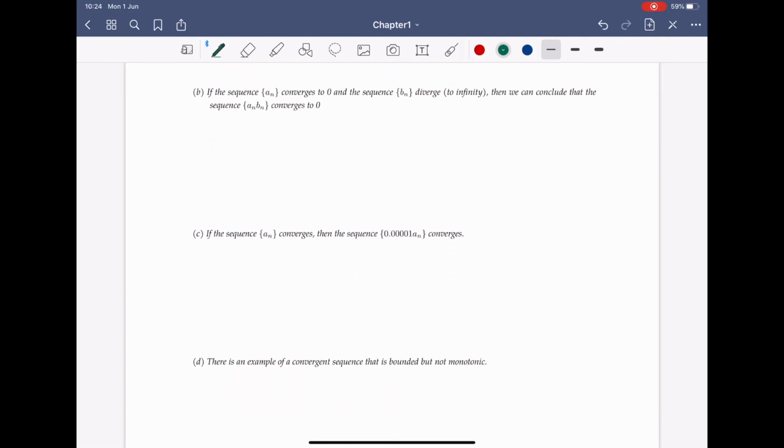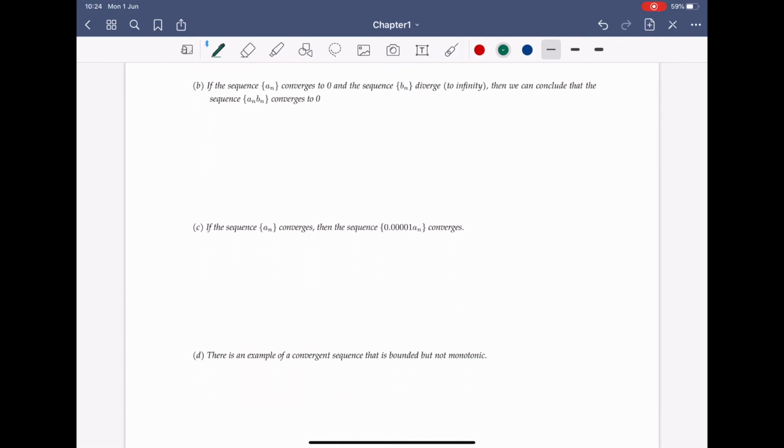The sequence an converges to 0. So what we have here is the limit of an when n goes to infinity is 0, and the limit of bn is what? The question said that the sequence bn diverges. So the limit of bn when n goes to infinity is plus infinity.